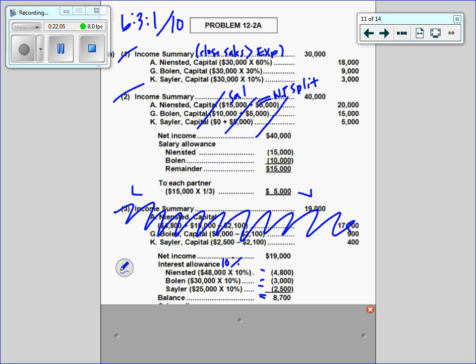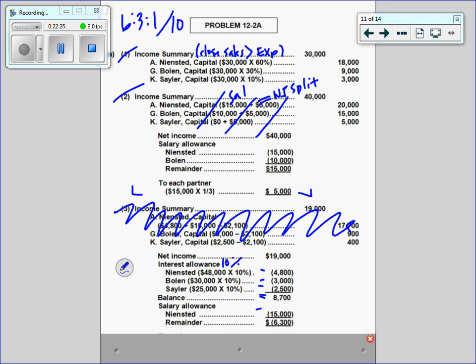You know what? Maybe he works and the other two are off on their private jets going to their private islands. Who knows? We don't know. We also have to stop and say salary allowance for Nienstedt of 15. So 8,700 minus 15,000, we are looking at a deficiency of $6,300.